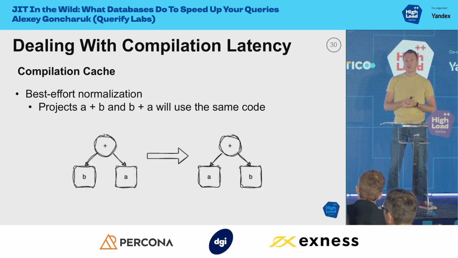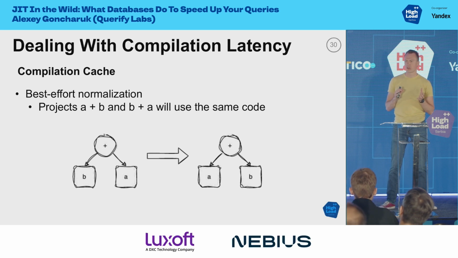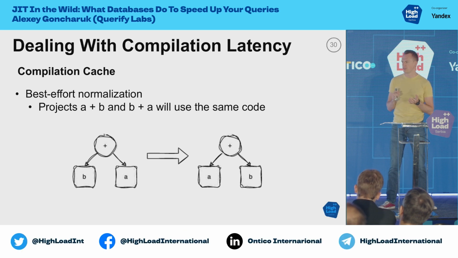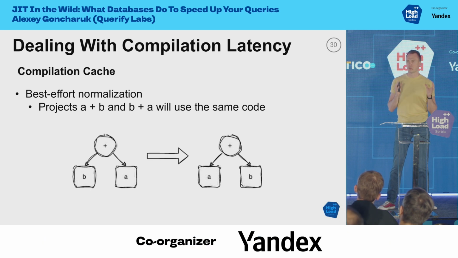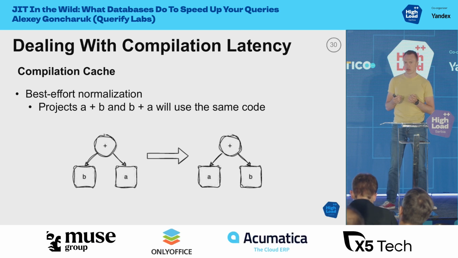Another thing that you might want to do is heuristic expression and operator normalization, because there are a lot of commutative operators, and users may write a plus b and b plus a. And if we are using either just the text code or an operator descriptor tree, these expressions would be considered different.